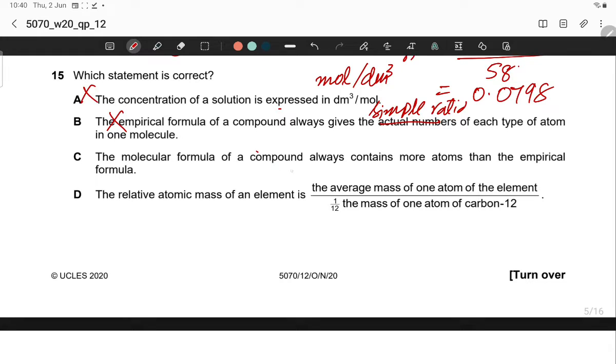The molecular formula of a compound always contains more atoms than the empirical formula? Not always, because in some compounds the molecular and empirical formulas are the same. So this is not correct. The relative atomic mass of an element is the average mass of one atom of the element compared with 1/12 of the mass of one atom of C12. So D must be correct.